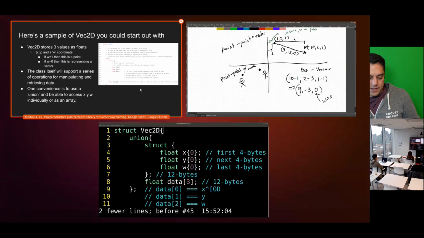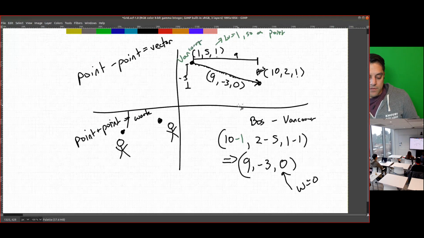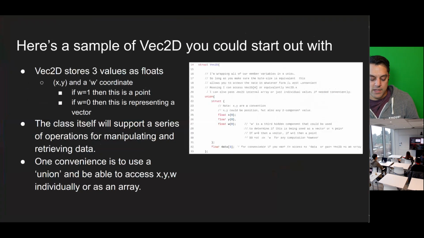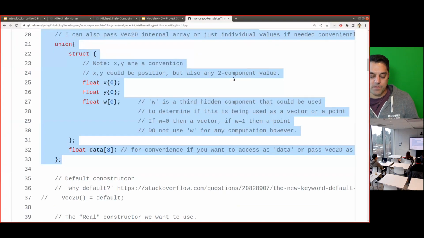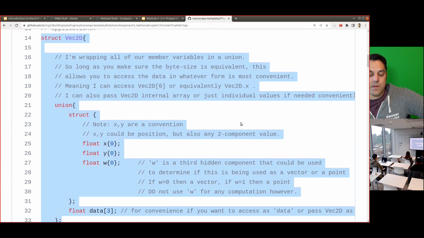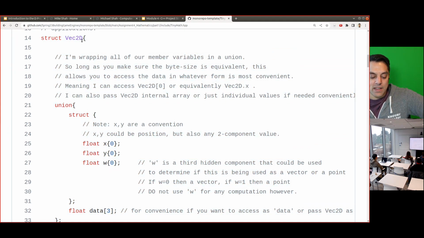All right. That example is actually what I'm going to show you in the next slides here. But again, this is just the chosen representation for our vec2. I think it's a pretty good one. We are in a way being secretive in our API, meaning we're actually storing 12 bytes of information, even though it's just a vec2d.